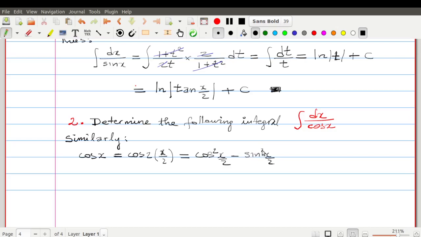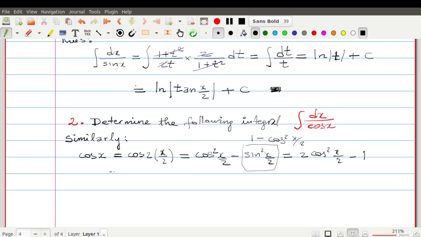Or if you want to write it just in terms of cosine or just in terms of sine, we can do the same thing, because we can write sine square as 1 minus cosine square. Then it becomes 2 cosine square x by 2 minus 1. If I replace this with 1 minus cosine square x by 2, the negative and the negative become 2 times, and then the minus 1. Either way, we have the same formula.